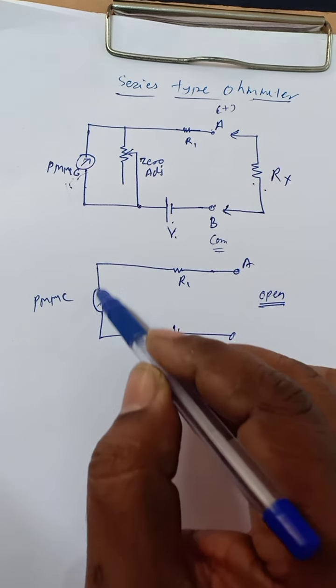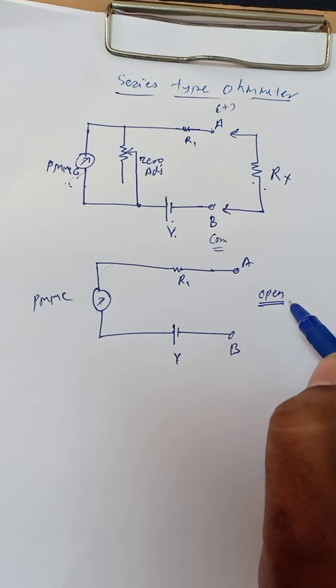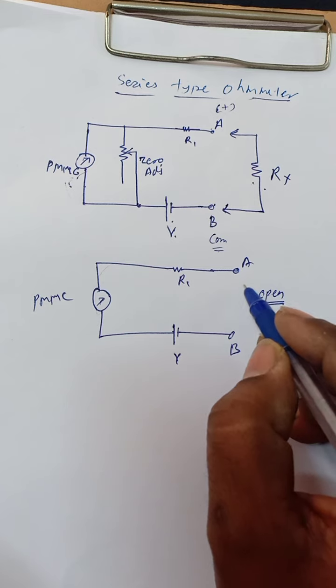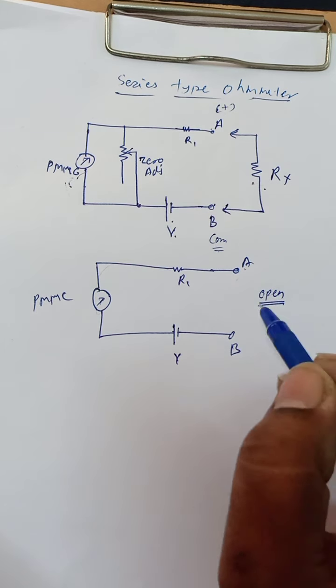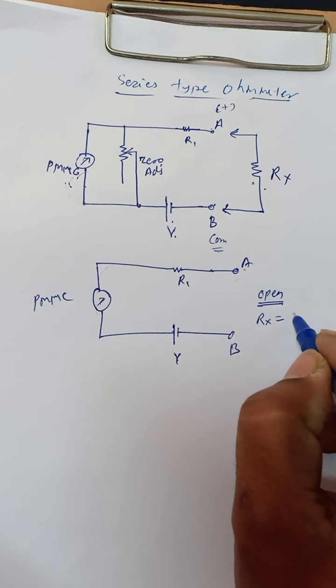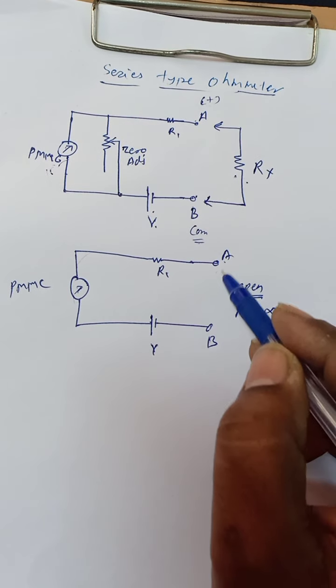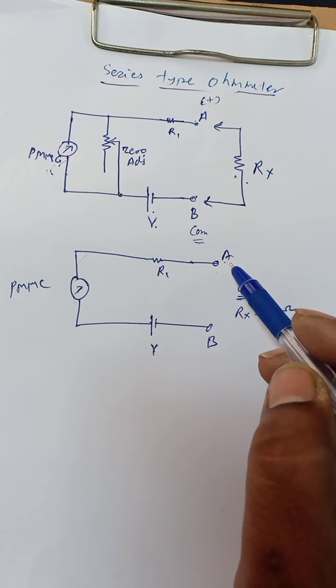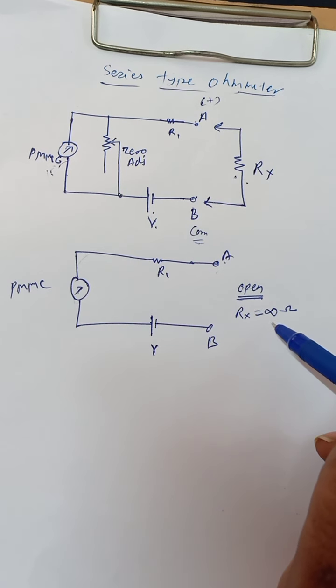There is no current flowing through the meter, because it is an open terminal. And open indicates that the resistance between A and B, that is the unknown resistor Rx, becomes infinite ohm. If any terminal is open, then the resistance between these two terminals is infinite.